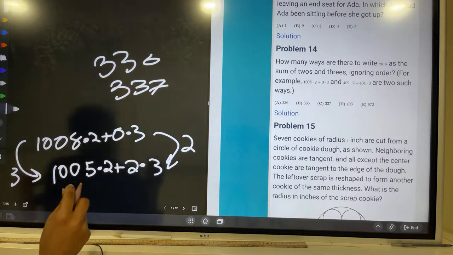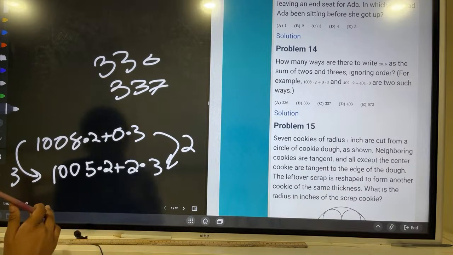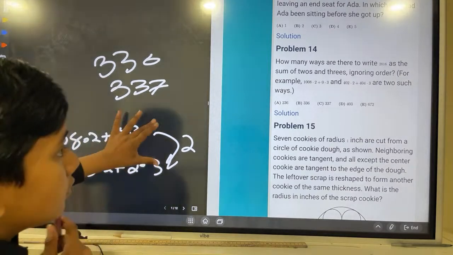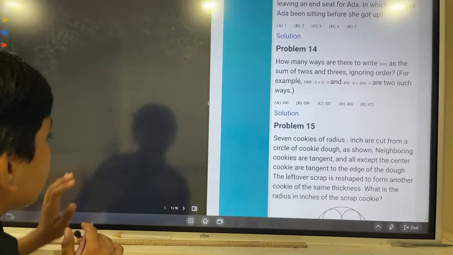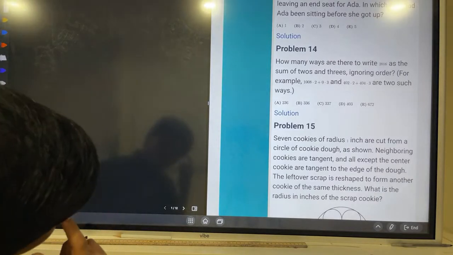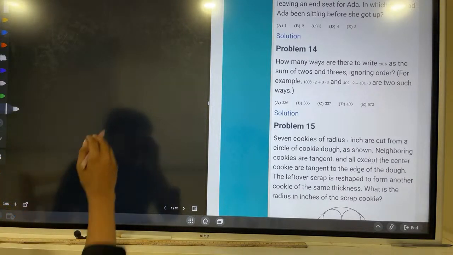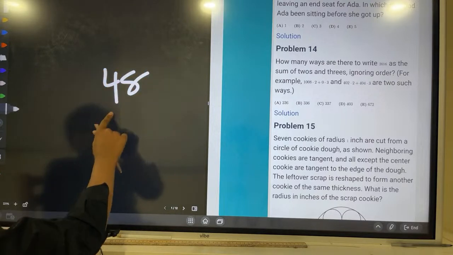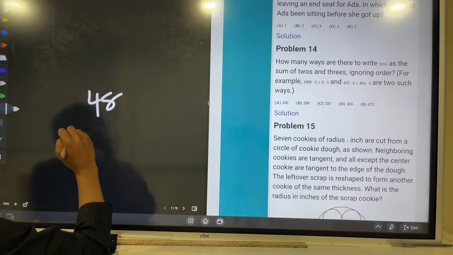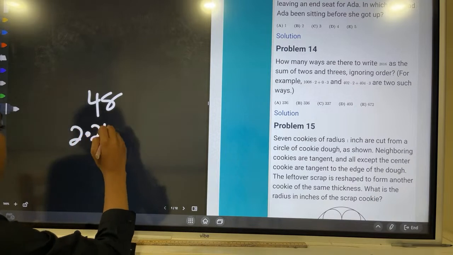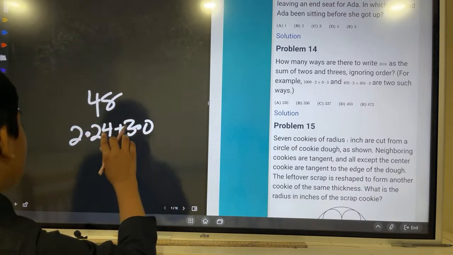Am I forgetting to count some sort of end case? Maybe I am, which is why I'm going to do it with a smaller number, such as 48. There are only a few ways to write it. It could be 2 times 24 plus 3 times 0.